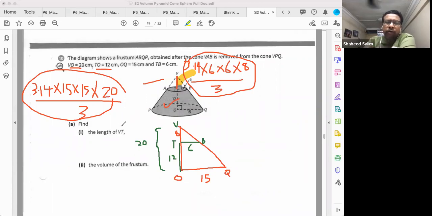Your answer will be like 4408, or the book says 4410. Shafi says 4409. My answer is 4408 point something. All right, now. Is this okay? You're still doing it?